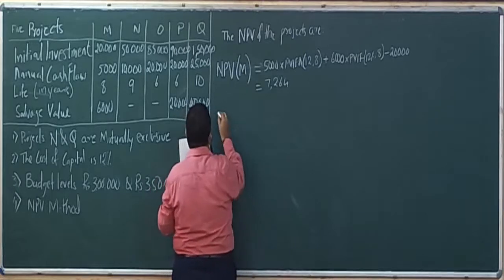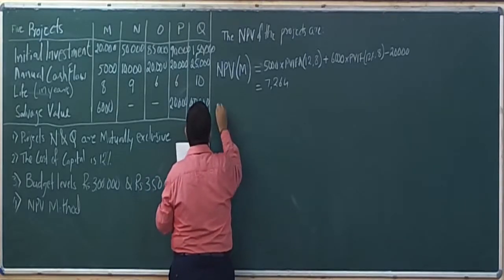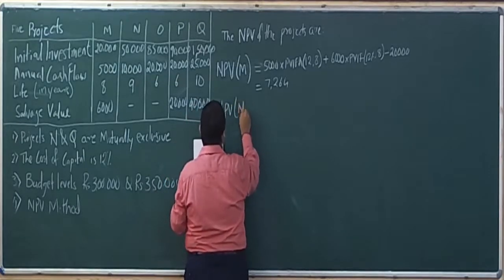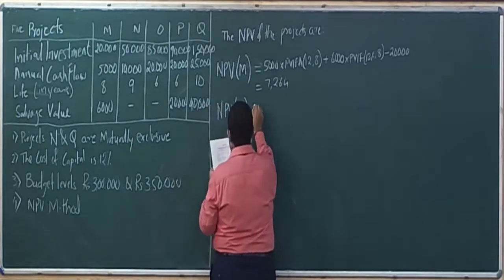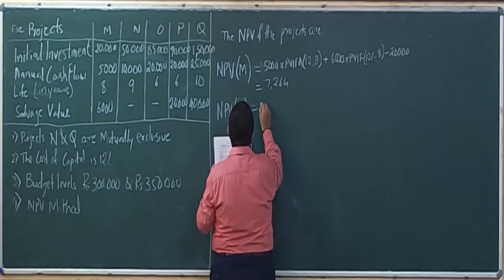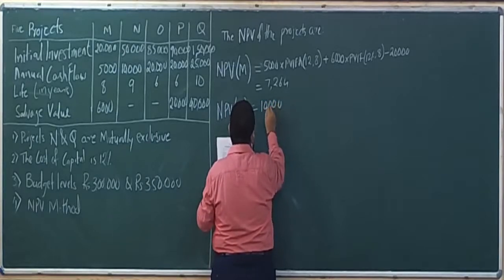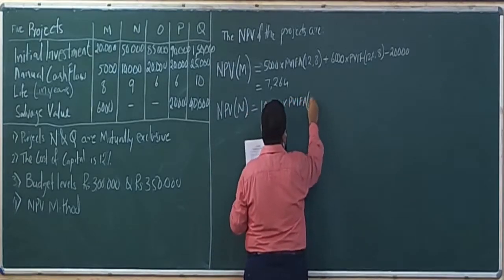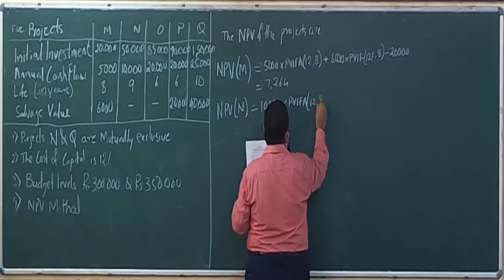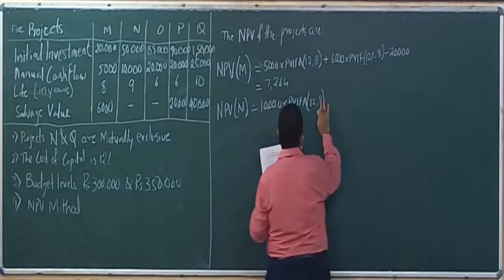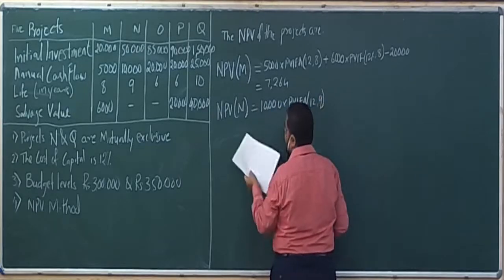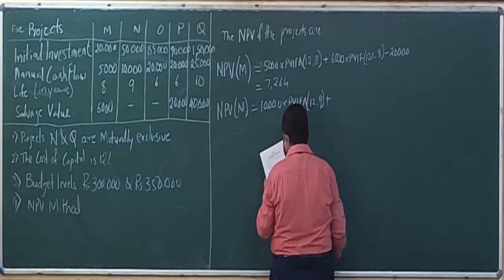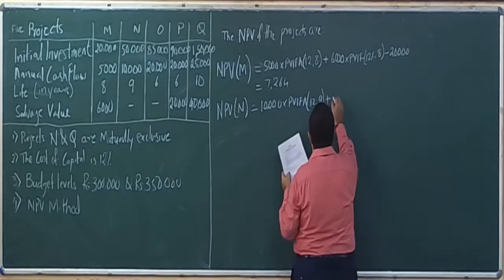Next, we are going to solve the NPV of project N, which is equal to 10,000 into the present value interest factor annuity at 12% for 9 years. The life of project N is 9 years.